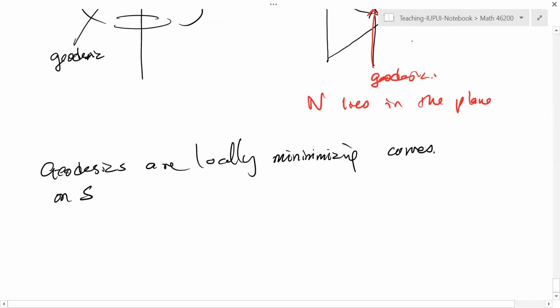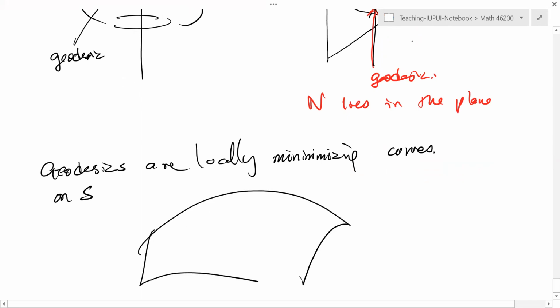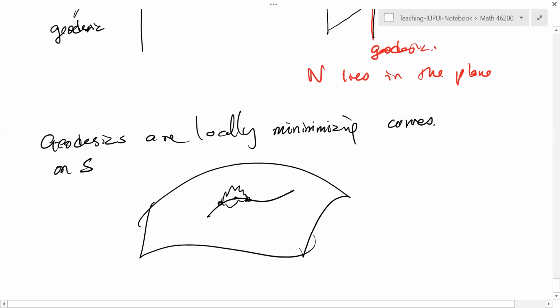Okay, so that means if here's a surface, this is a geodesic, that means for a small neighborhood, any other curves are going to be longer than that particular one. This should be the original definition. Locally minimizing curves are called geodesics in some textbooks.